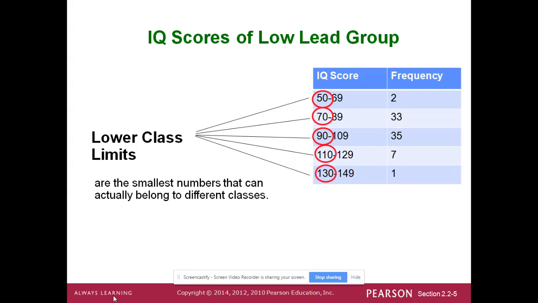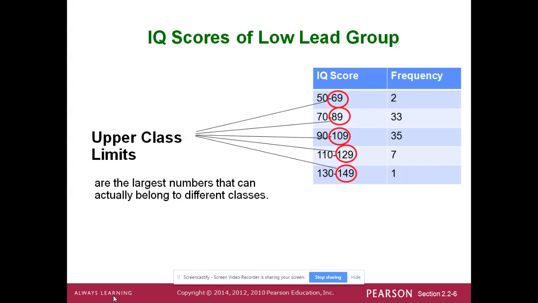All right, IQ scores, lower class limits: the lowest number that can be in that particular category or class. Another thing in the IQ score frequency distribution over there on the right is the upper class limits. That's the largest number that can be in that group, the largest numbers that can actually belong to the different classes.